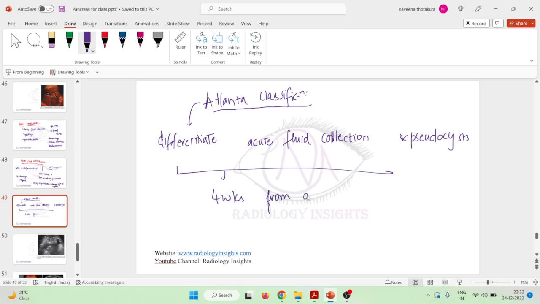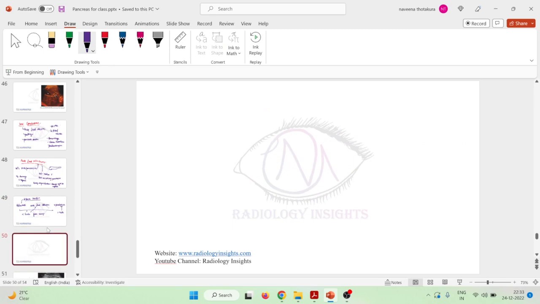If the fluid collection is less than 4 weeks from onset of disease, then we call it acute fluid collection. If it is more than 4 weeks from onset of disease, then we call it pseudocyst. But other doctors and scientists suggested that instead of 4 weeks, it is better to take a 6 weeks definition.